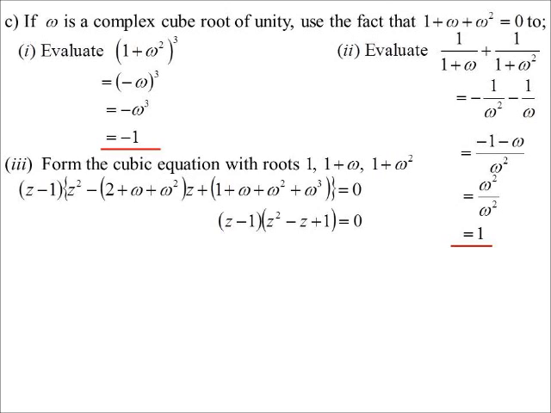There's a quicker way. Because if this root is 1 plus omega, which is two terms, I could have said that root was minus omega squared, one term. And 1 plus omega squared, I could have said that root was minus omega, one term. And then it's a bit easier to work out what's the sum of the roots, what's the product of the roots.